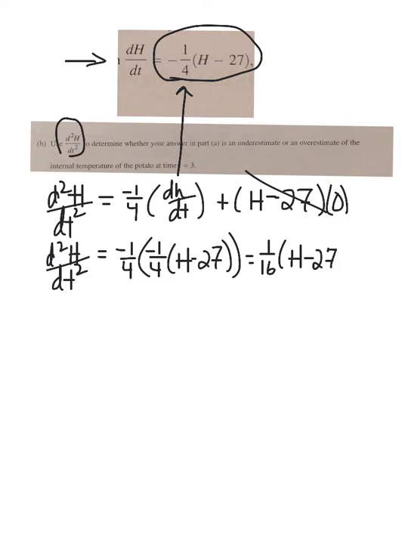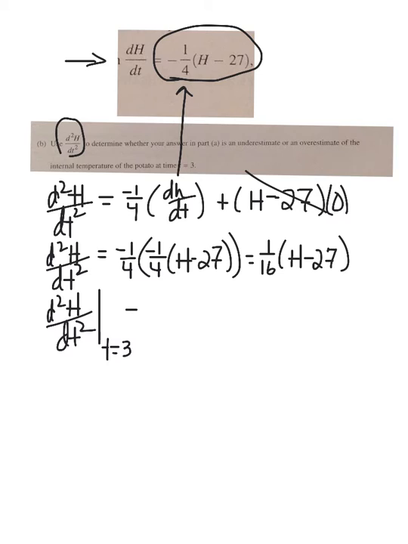Now this says at time 3 though, doesn't it? So then I am going to take my d squared h/dt squared and that is going to be evaluated when t equals 3.